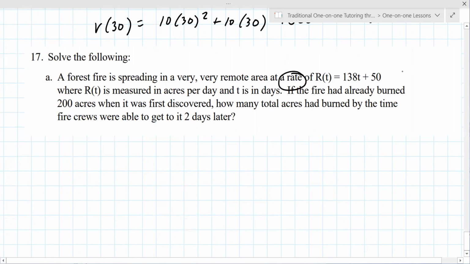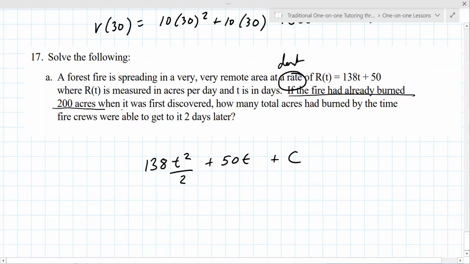What does rate mean? Derivative. Yes. Okay, that means you're going to integrate this. So what is the antiderivative of r of t? Well, it's 138 t squared over 2 plus 50t plus c. Now, what is the initial condition? It comes from this second sentence here. If the fire already burned 200 acres when it was first discovered, so c is supposed to be 200.